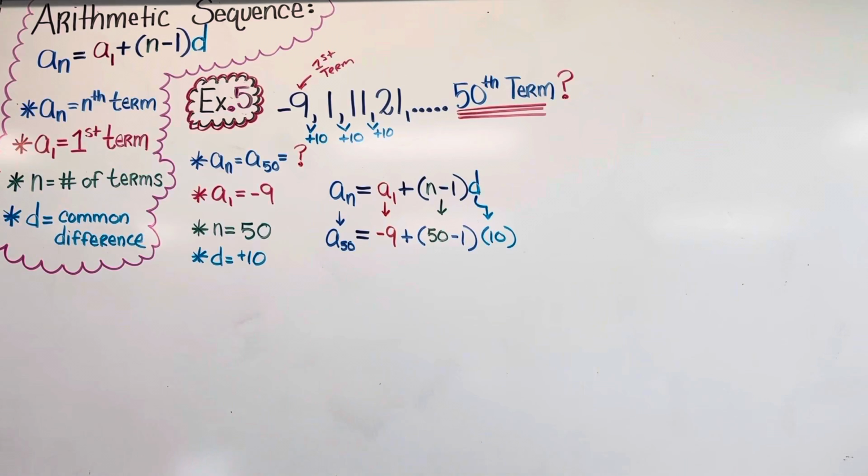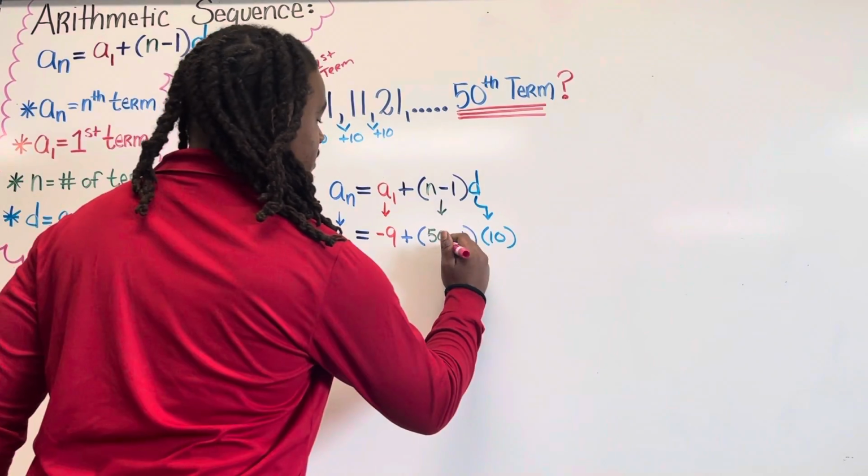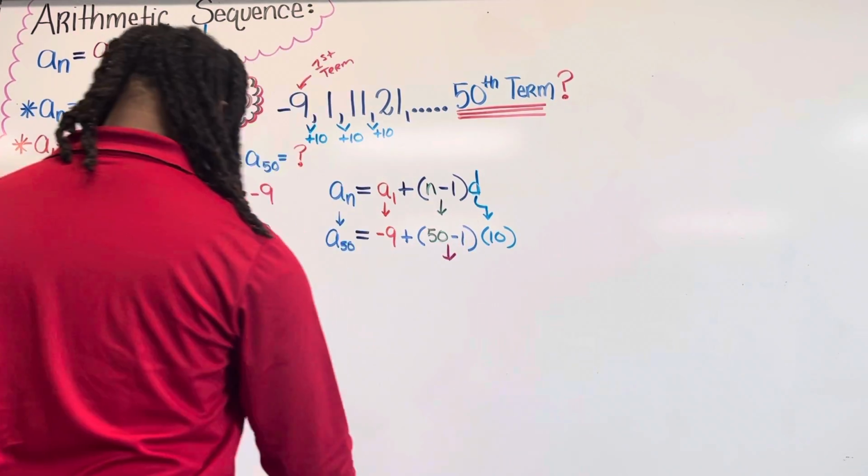Okay? So now we have all of our values plugged inside the formula. And remember, guys, order of operations: we must do everything that's in the parentheses first. 50 minus 1 is actually 49.